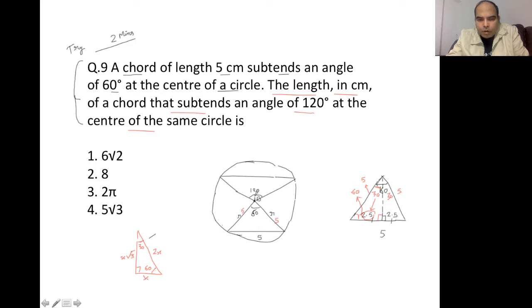This means that if I drop the perpendicular on this chord, on this side, and since the radius is going to be 5 here also, then this perpendicular will be 90 degrees. The perpendicular will bisect this angle to 60, and this angle would be 30.